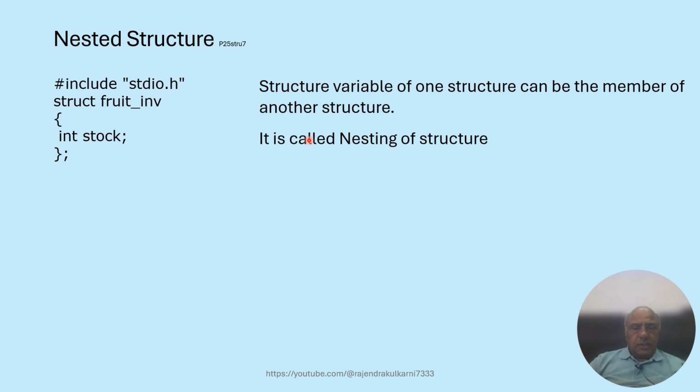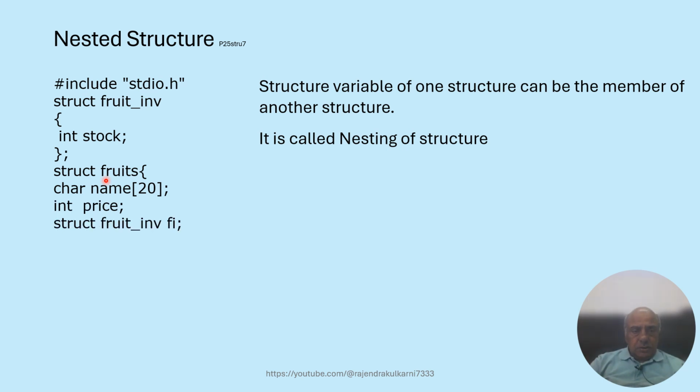We have defined a structure fruit_inv. There is only one member, int stock. It's an int kind of member. Then we have defined another structure fruits with three members in it.